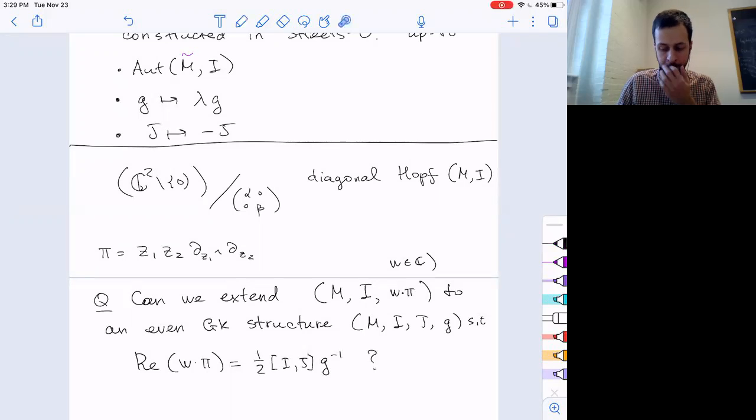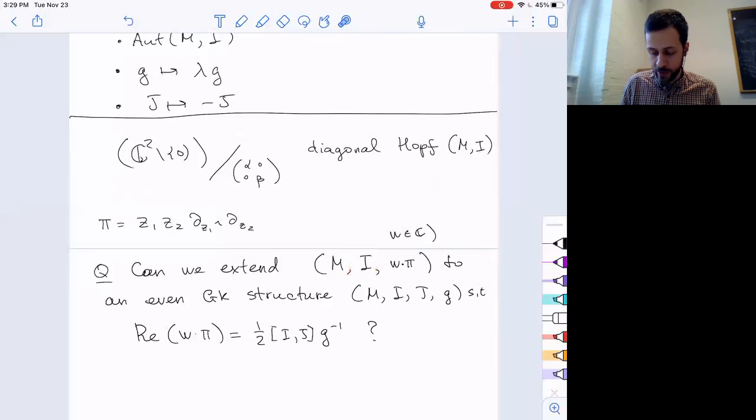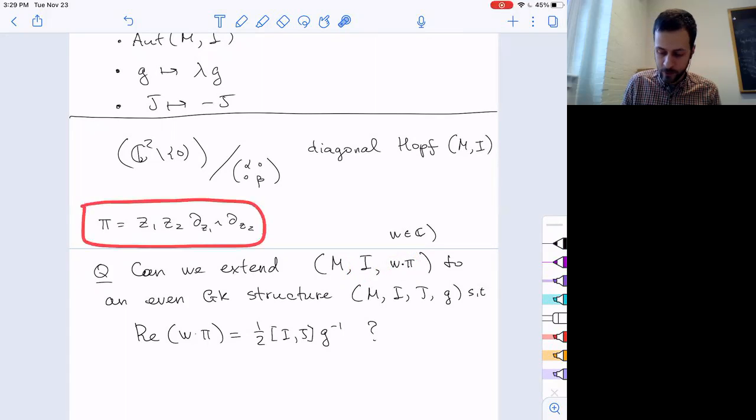We know that any even GK structure in dimension 4 has a generic, non-degenerate Poisson tensor holomorphic with respect to I. So when can it be made exactly W times the canonical Poisson tensor?